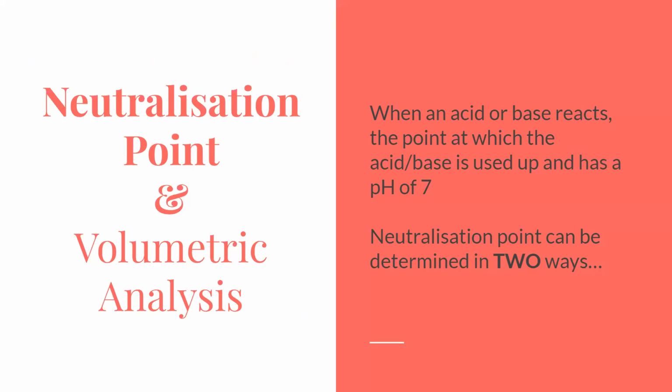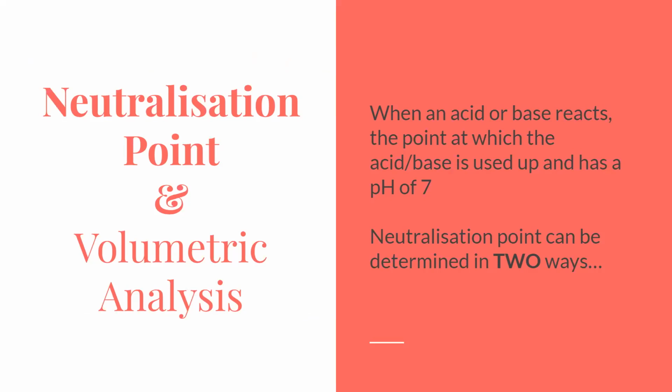So let's look at neutralization point then. Maybe this might help. A neutralization point is determined through volumetric analysis. It happens when an acid or base reacts, and the point at which the acid or base is used up and has a pH of 7 is called the neutralization point.